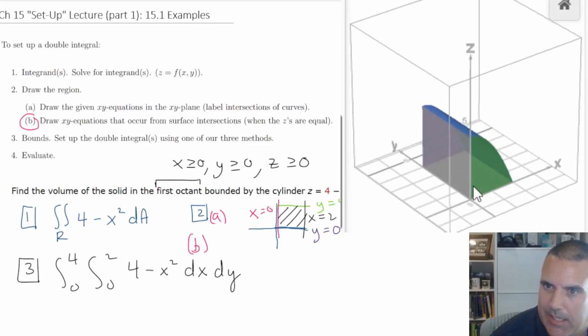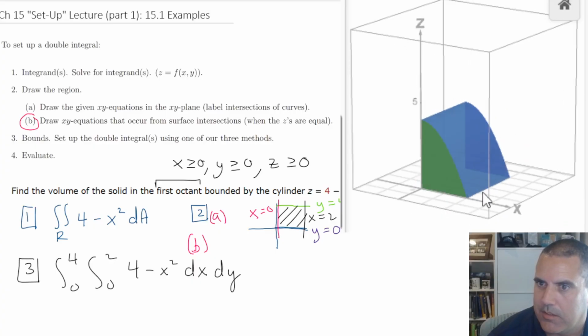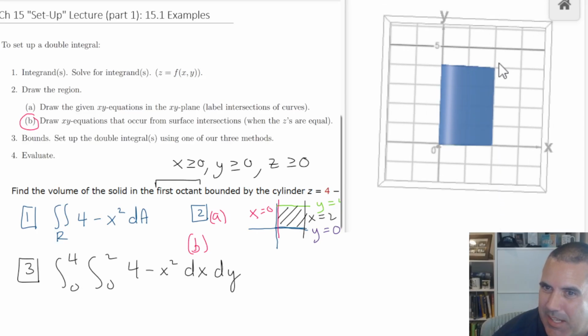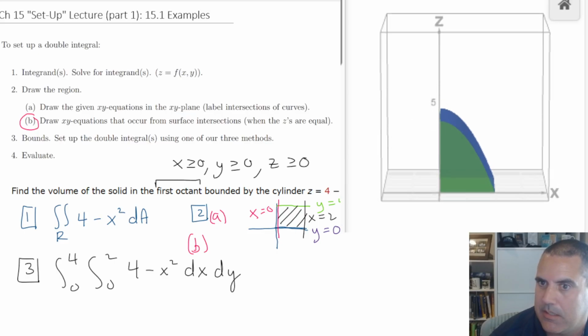The back side is x equals 0, and there is no side. It's just a line. That line is when they meet, which is when x is 2. That's what's going on. The reason we weren't given that as a boundary surface is because it's not a boundary surface. It's just where they meet.